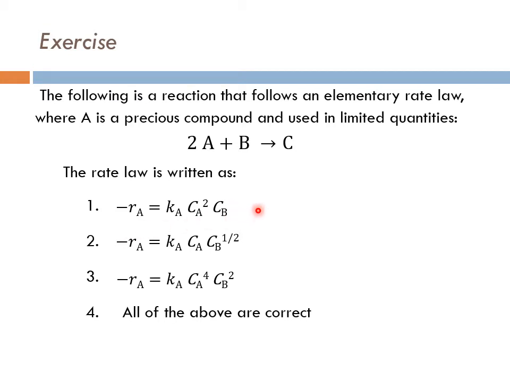As you can see, this is a power law model where the concentrations of the reacting species are raised to a power. And since it's an elementary rate law, the powers are identical to the stoichiometric coefficients. So this is the only correct answer.